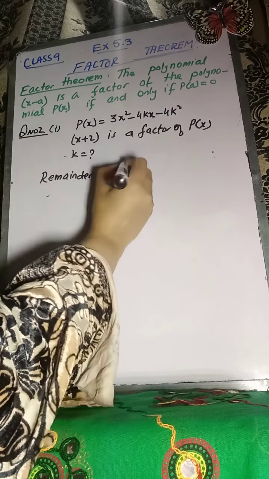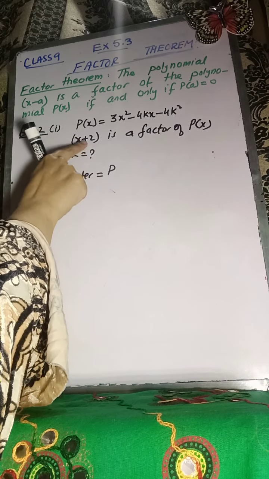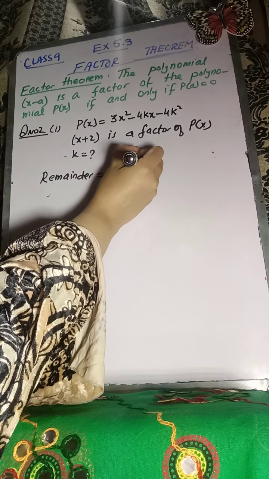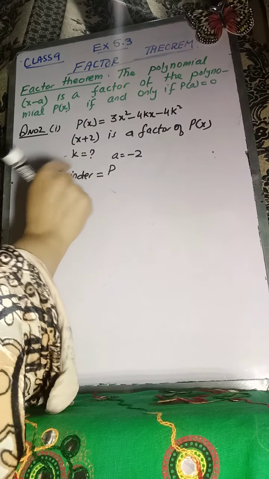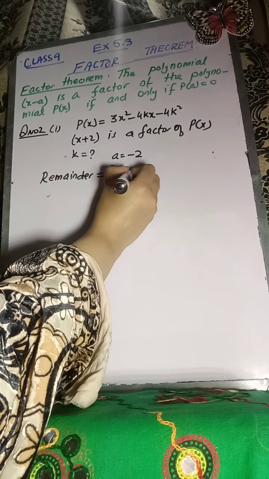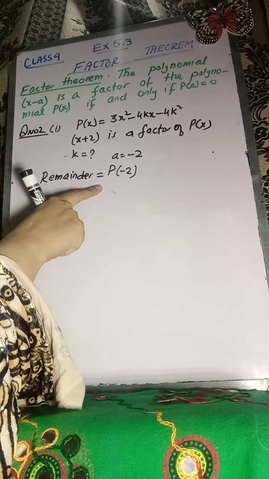The remainder will be equal to p of, we have a positive 2 over here. It means the number which is subtracted from x is actually negative 2, so here a is equal to negative 2, and the remainder will be p of negative 2. So first let me find the remainder.